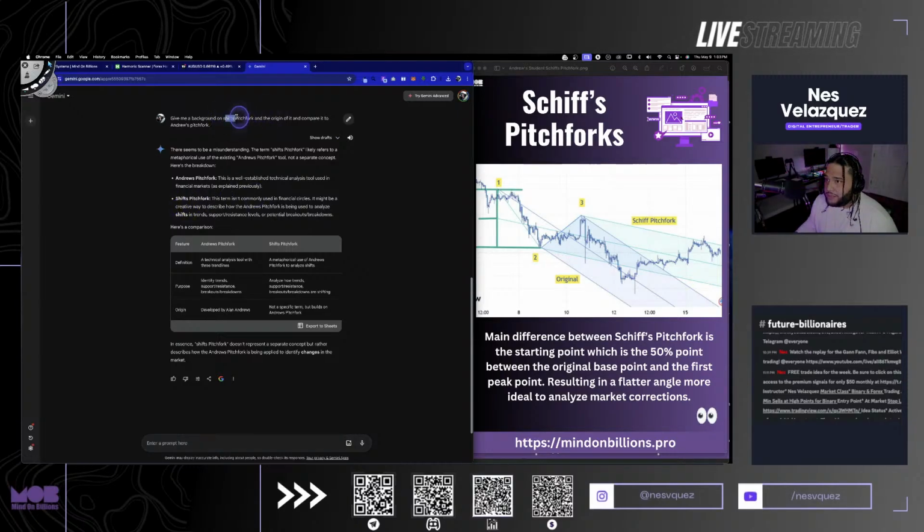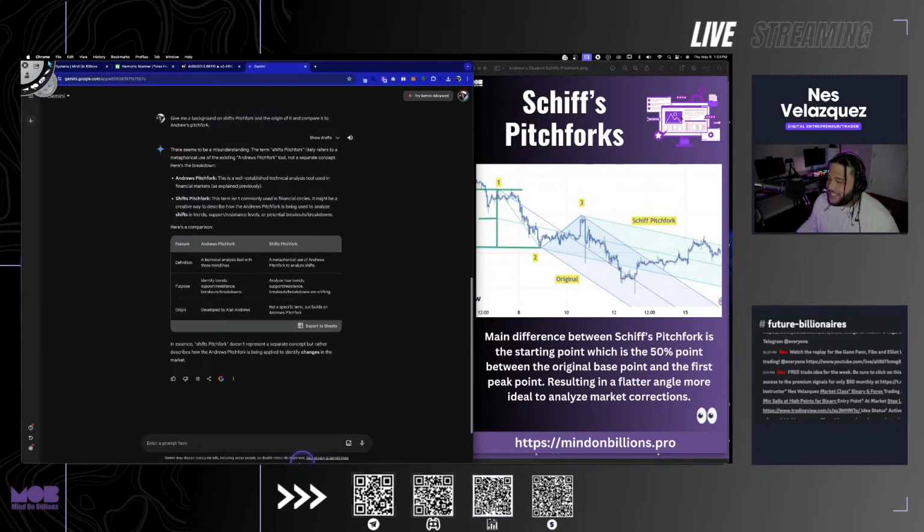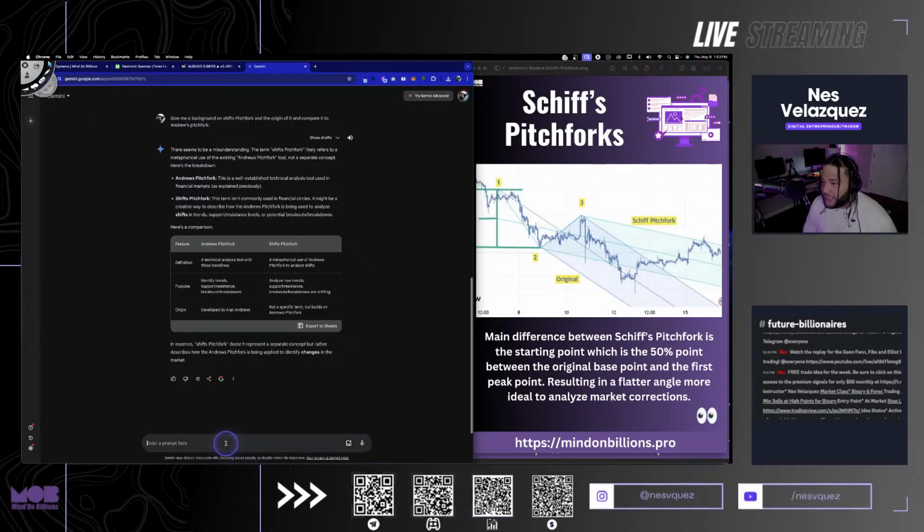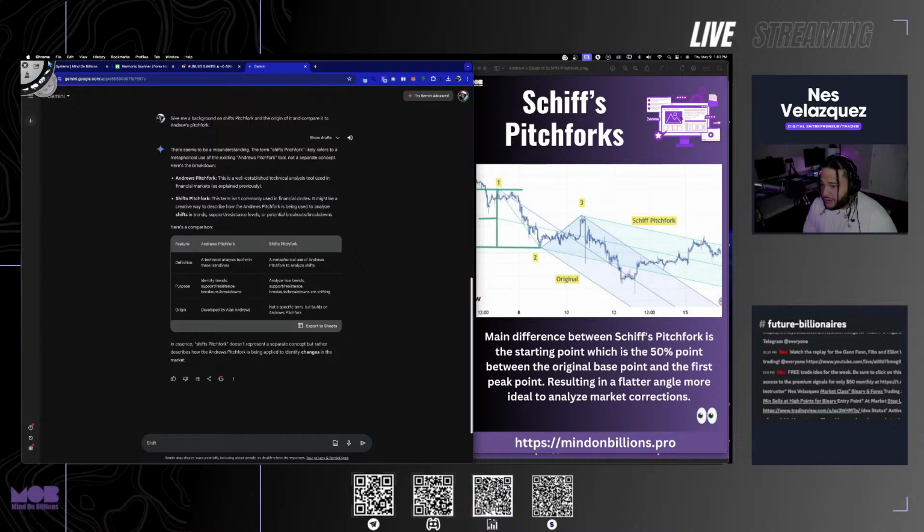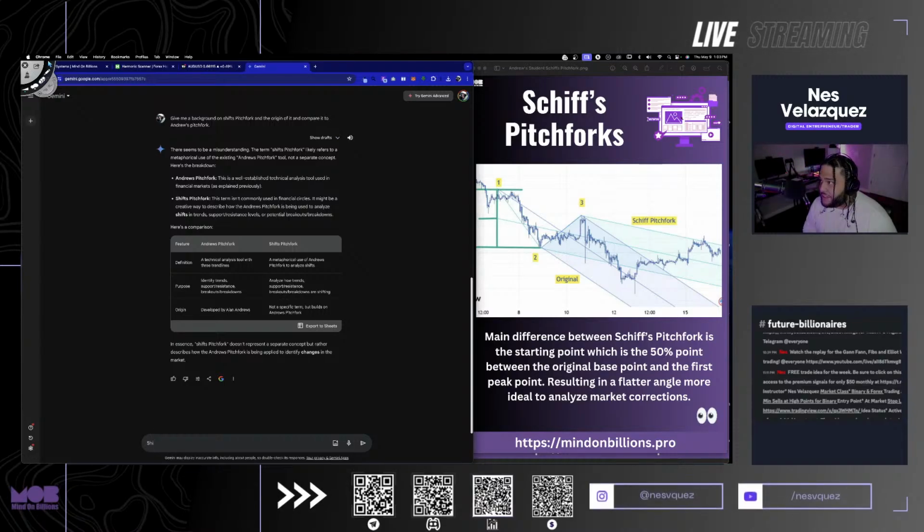So the AI thought I entered Shift, right, but no, it's Shift's Pitchfork, the successor's last name, right?